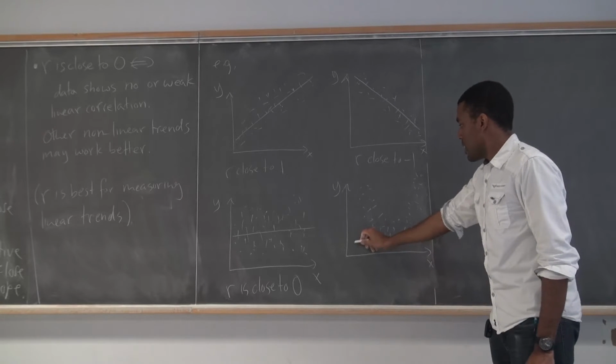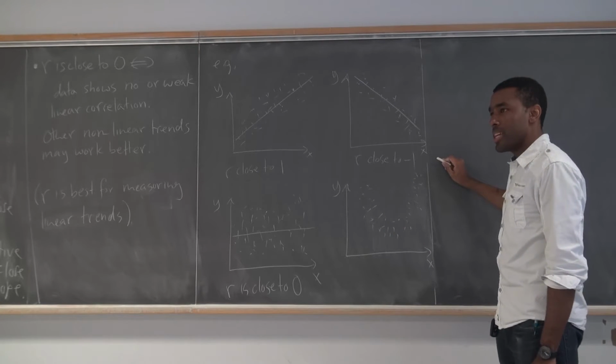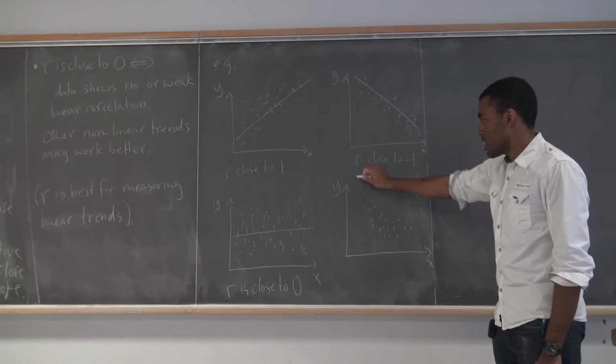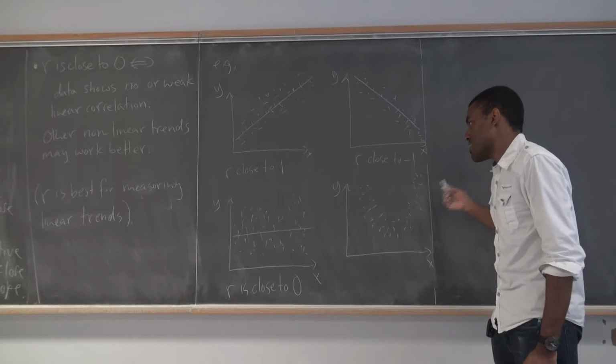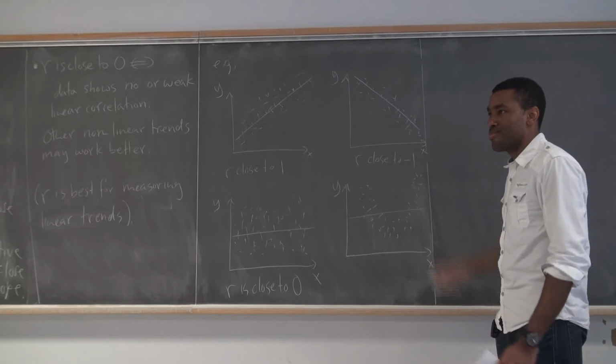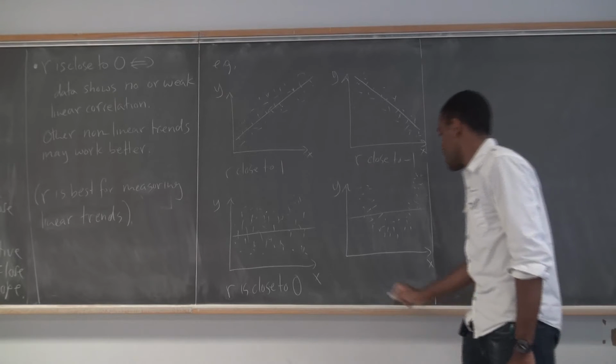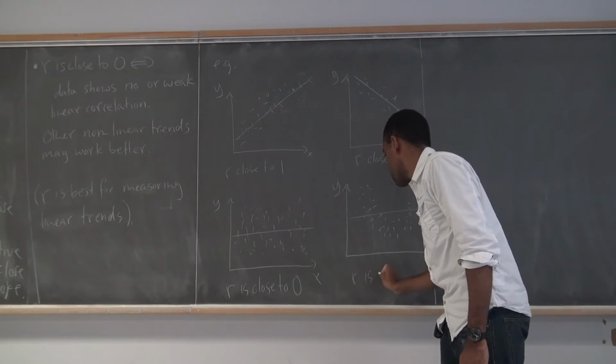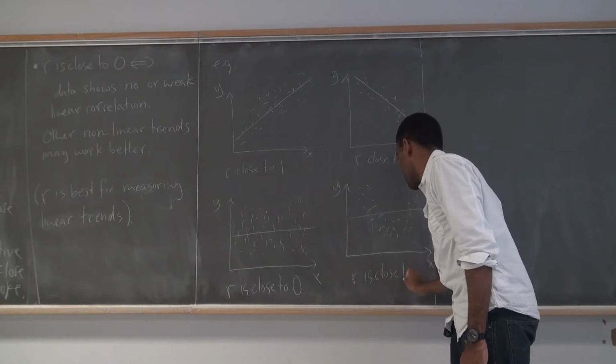Again, a line going like this doesn't really capture what's happening in this picture, nor does a line going like that. So we just try to catch everyone. If you measure your R value here, it would also be close to 0.